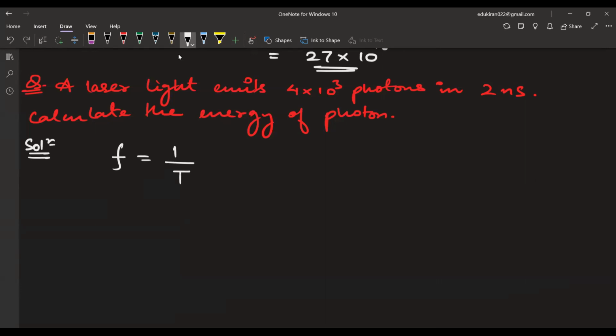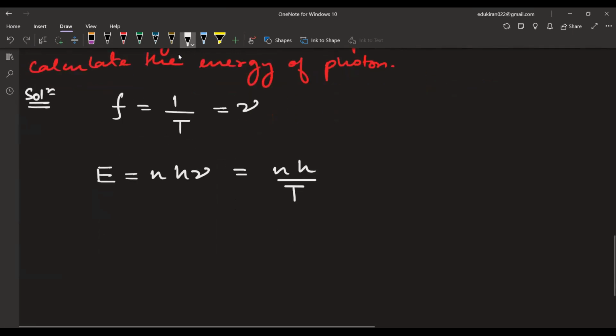And from there, what you will get: E is equal to n h nu, where frequency is now shown as nu. That is it, which will be equal to n h divided by t.